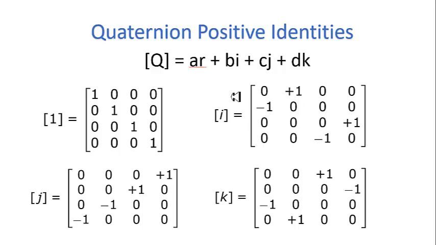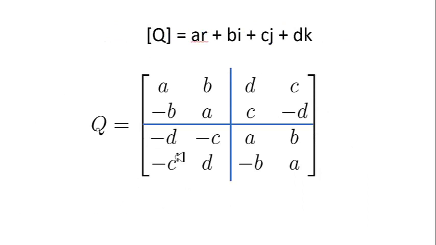And the I, what I identified as I, occupies these elements in the matrix, and K occupies these elements in the matrix. And so these identities do not overlap at all. They can coexist in the quaternion 4x4 matrix.